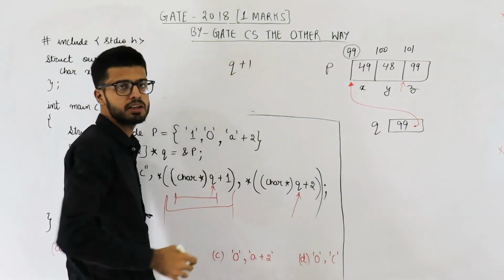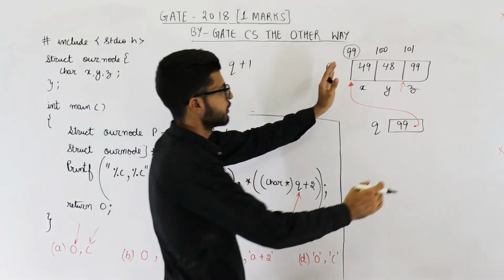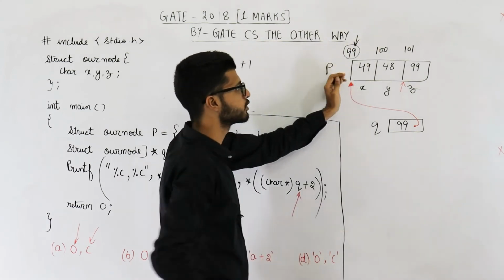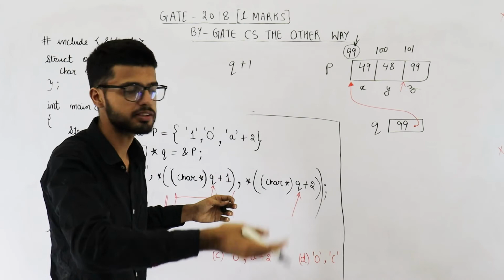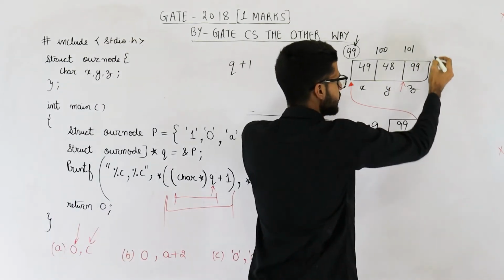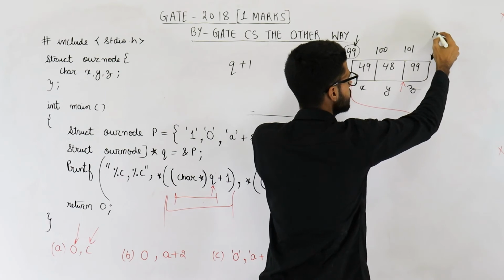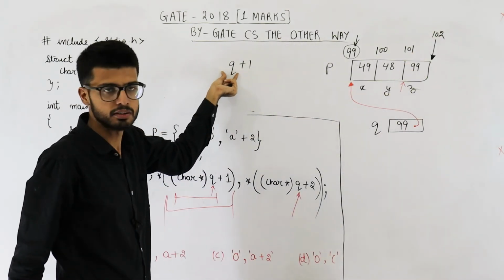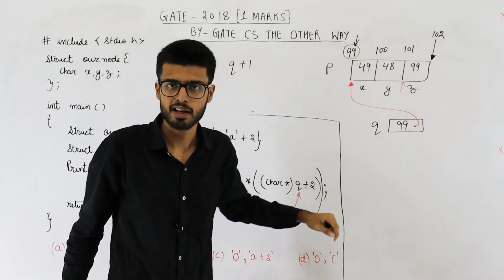Q plus 1 means shift by one structure. This is Q, which contains value 99. Now Q plus 1 means shift by one structure, so you will get address number 102, because Q itself is a structure. Adding 1 to it means you are talking about the next structure.